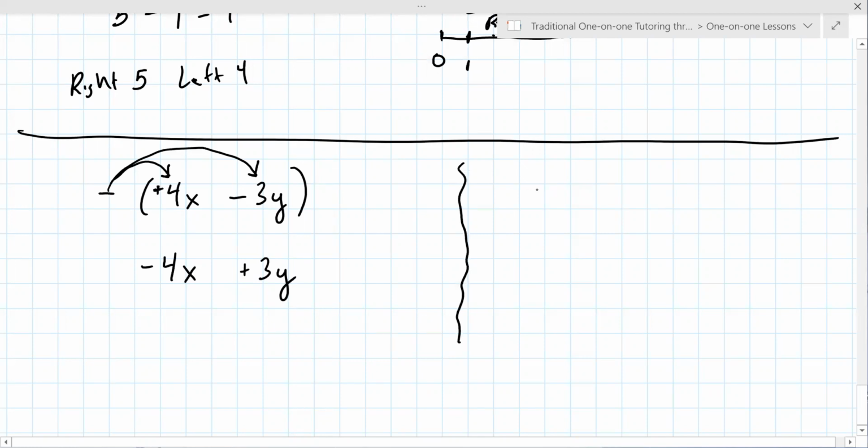So let's say I give you a problem over here to the right: negative, 3x plus 2y. What does this become when you distribute the negative into both of these?